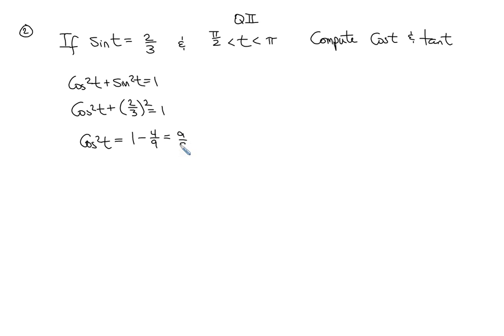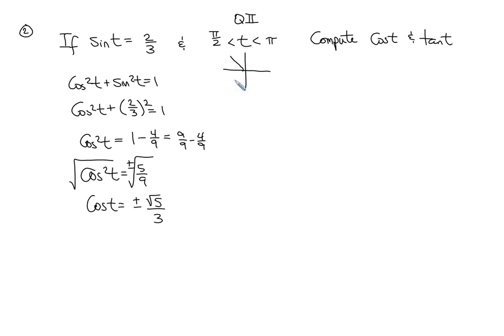So that really becomes 9/9 minus 4/9 when I get a common denominator. And so we get cosine squared t is equal to 5/9. When you square root both sides, putting in your plus or minus, you get cosine t equals plus or minus the square root of 5 over the square root of 9, which is 3.